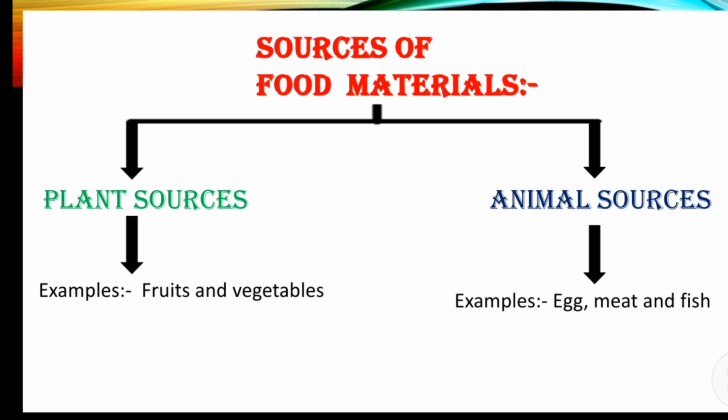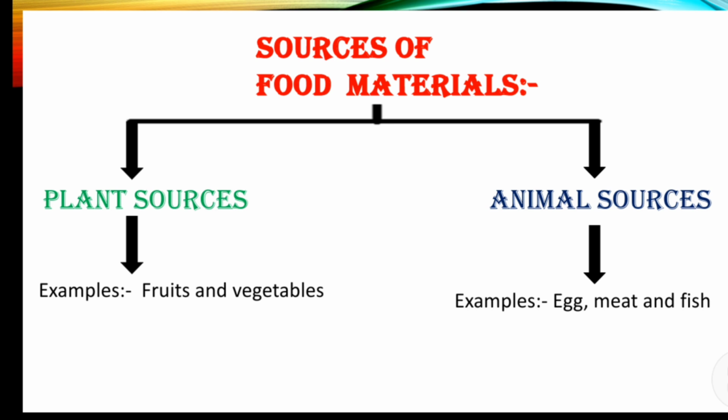So, sources of food materials. There are two different kinds of sources of food materials: plant sources and animal sources. Plant sources, that is, we are getting food items from plants, and animal sources, that is, we are getting food items from animals.